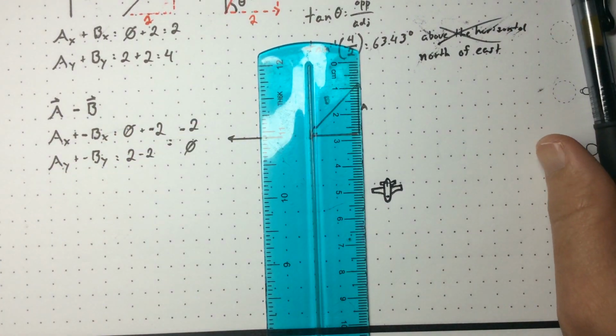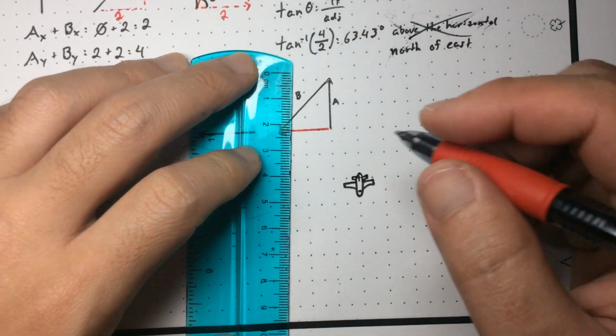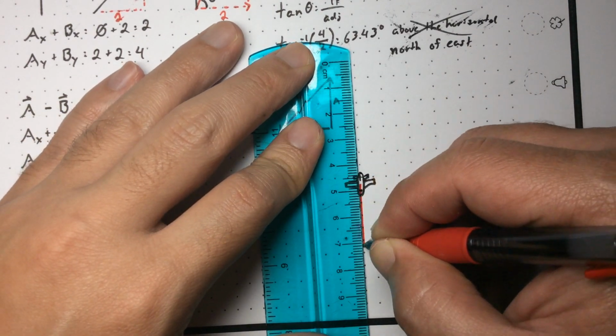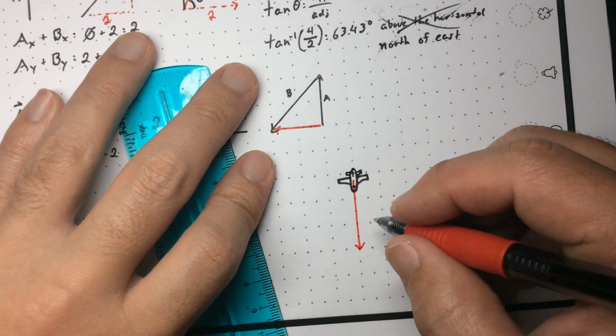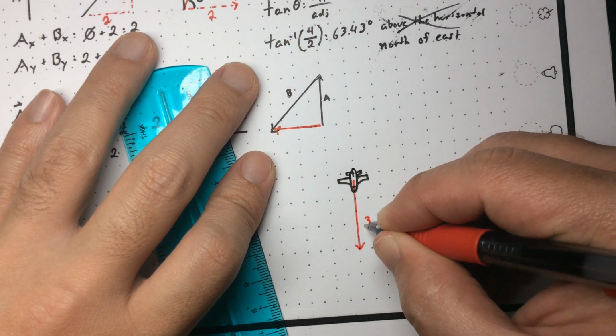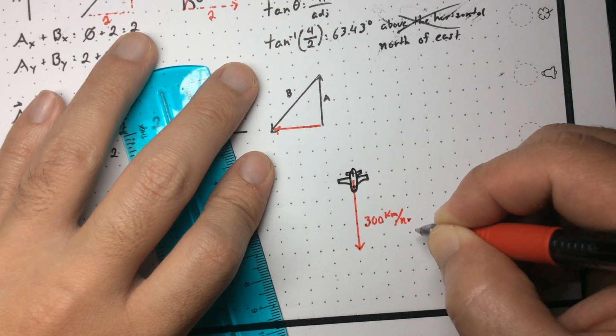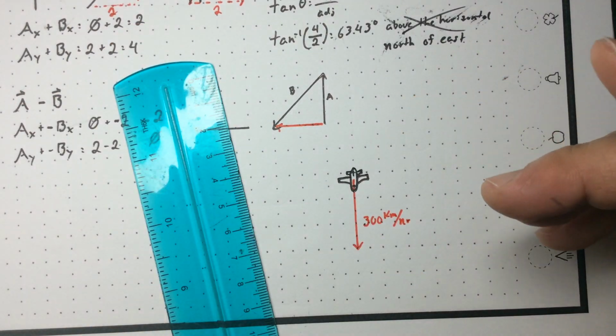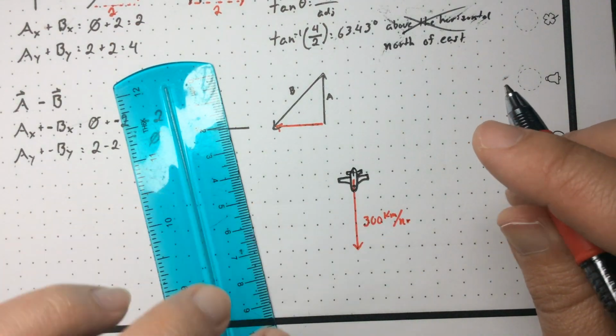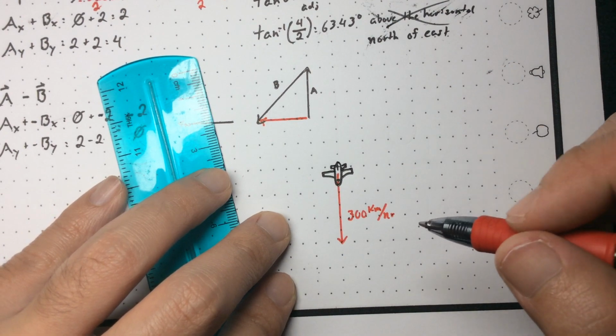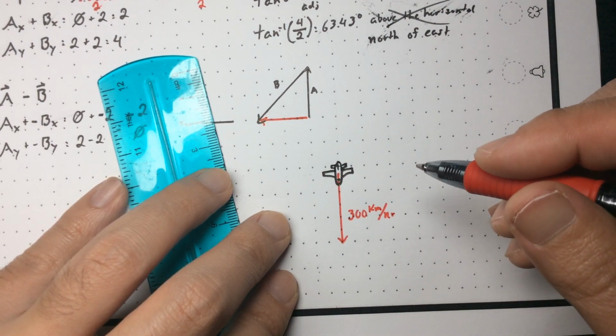And so this plane would have a velocity vector that points in the southerly direction. And let's just make up a number. Let's say that it's like 300 kilometers per hour. So rather quick. Maybe not too quick for a plane. But then it says, hey, maybe there's some wind. And this wind comes from the southwest.